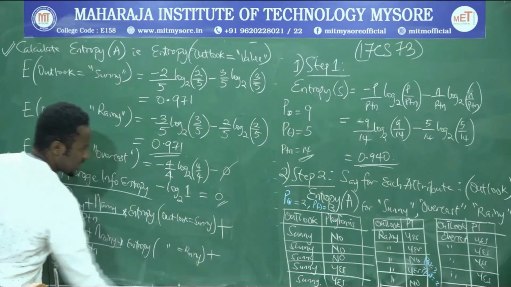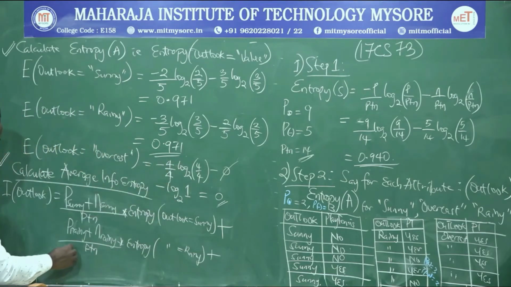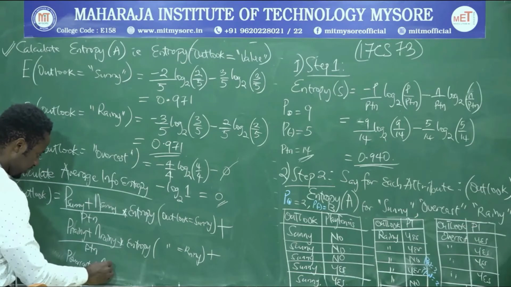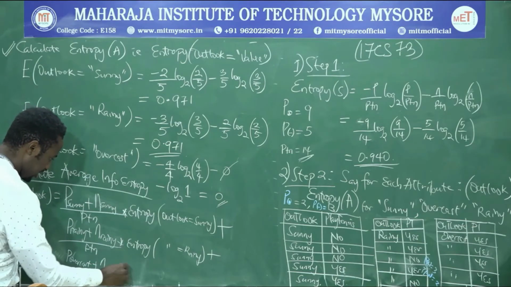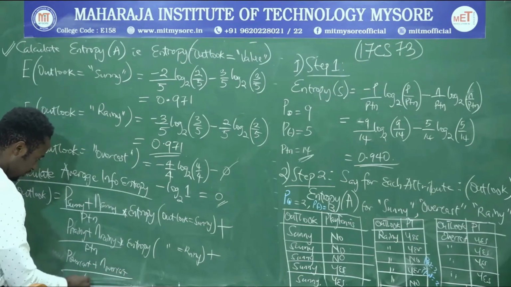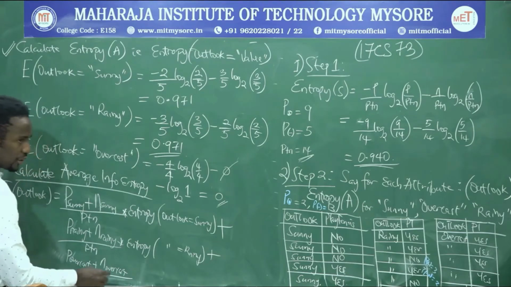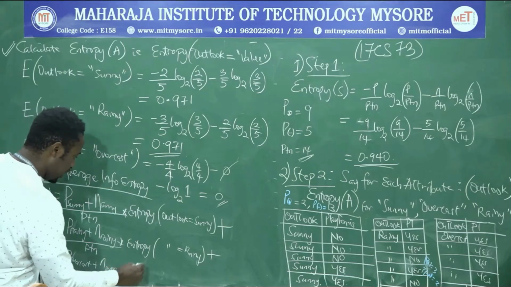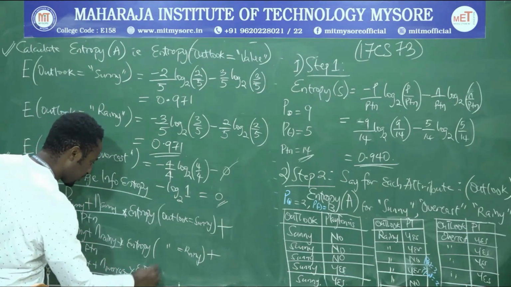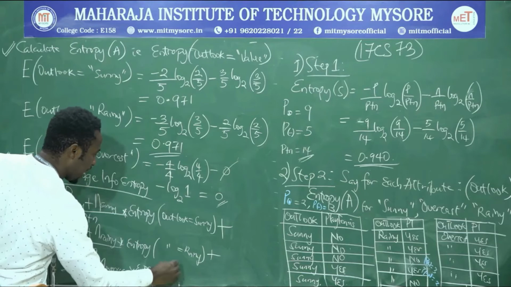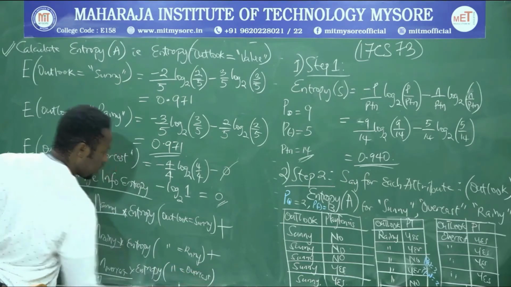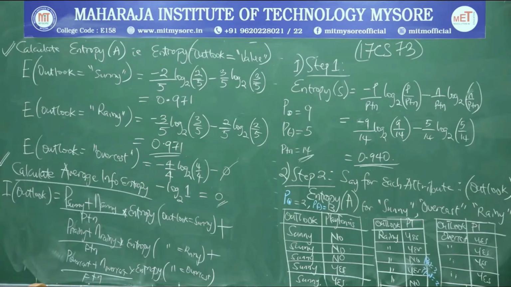That's not over. Plus the last one, P of overcast plus N of overcast, upon P plus N. I hope you can see the board. That's why I'm also mentioning it alongside. Into the entropy of outlook equal overcast, right? So this is done.